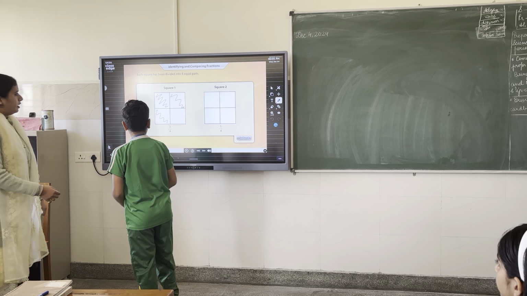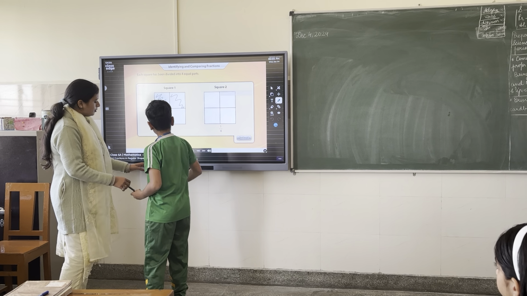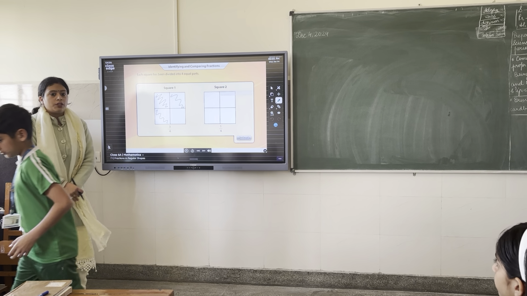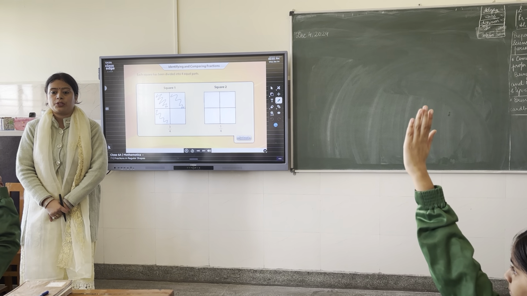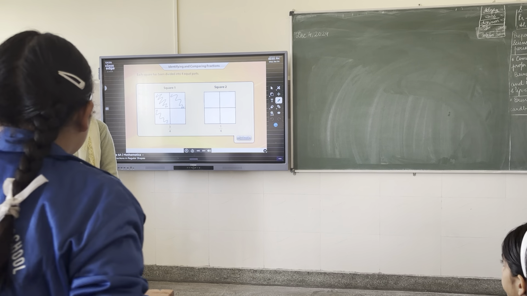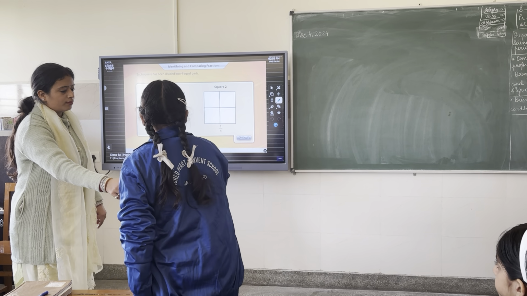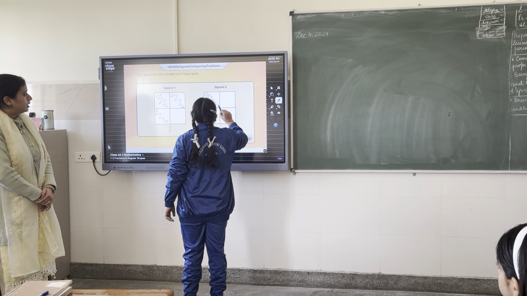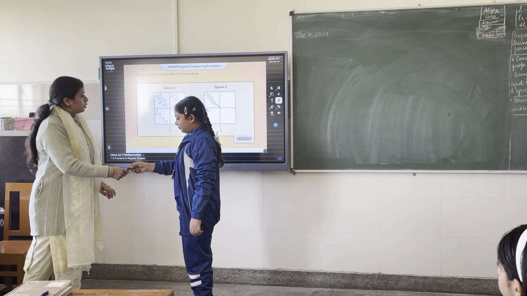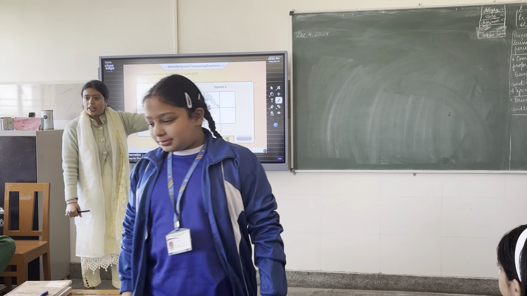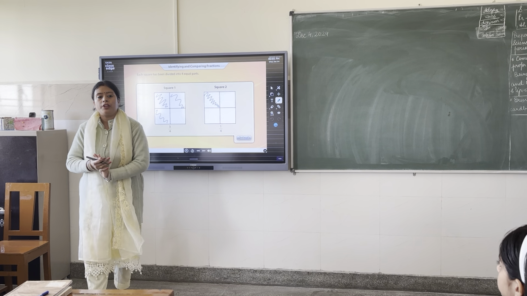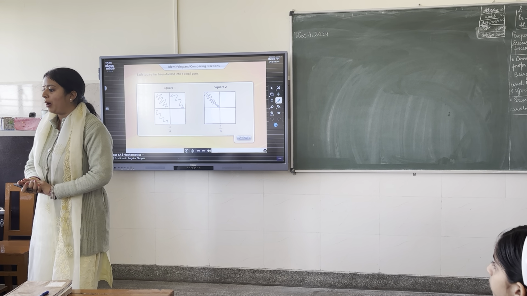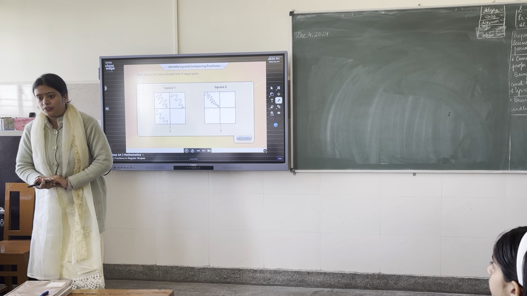Yes, 3. Correct. Next, who will tell me about square 2? Yes, correct. So how many parts are shaded in the second square? 1.